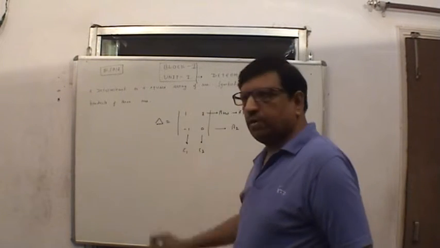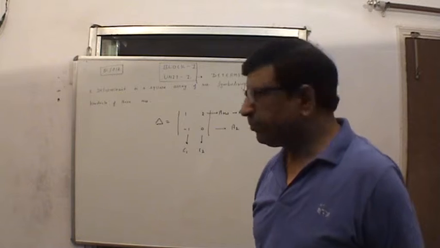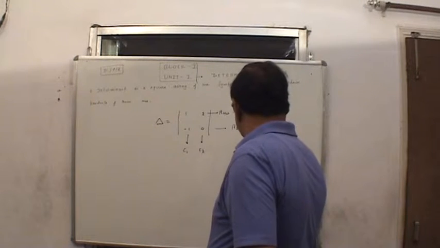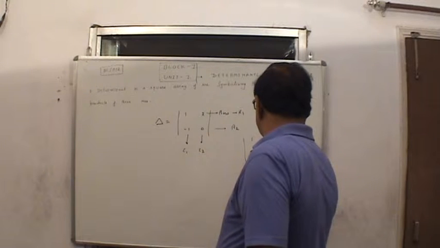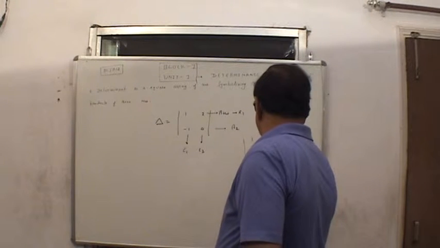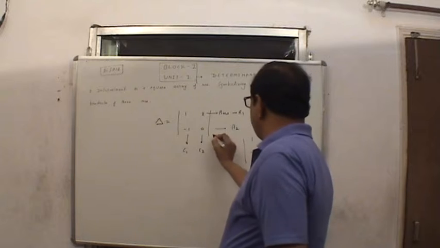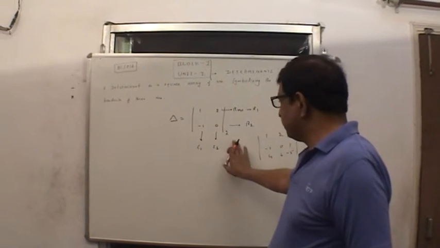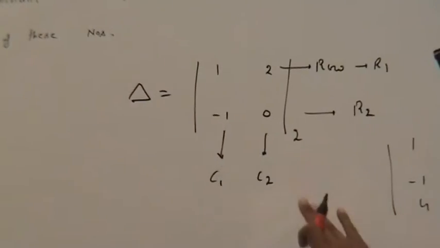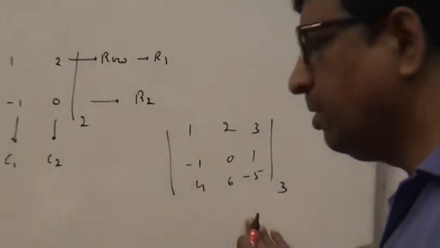Two rows and two columns, or three rows and three columns like this: 1, 2, 3. This determinant has order 2 and this determinant has order 3.